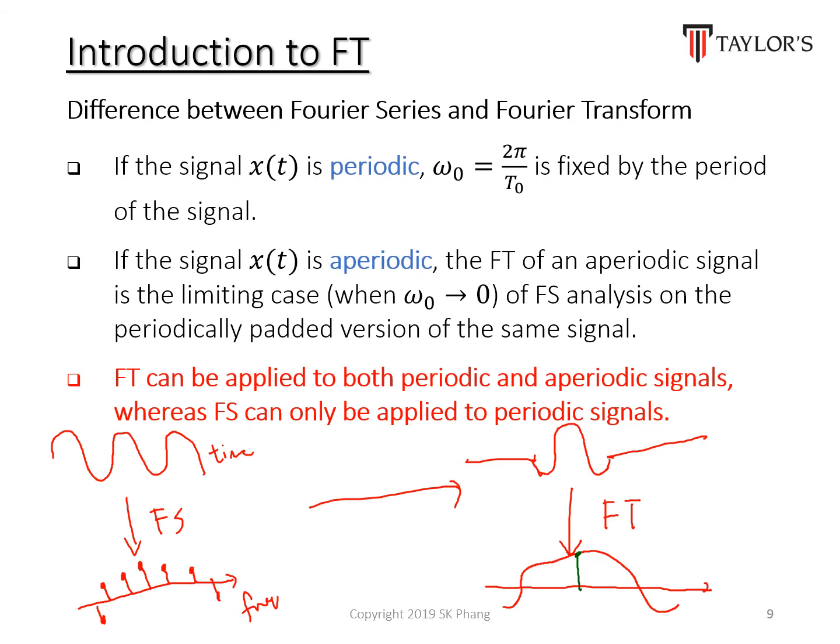Please ignore the green one, it's just for illustration. The green one is the Fourier series, and the red one is the Fourier transform. So that is the similarity between Fourier series and Fourier transform. Now we can treat every single signal as a repeated signal, find the Fourier series, then join up all the dots together, and that becomes our Fourier transform.